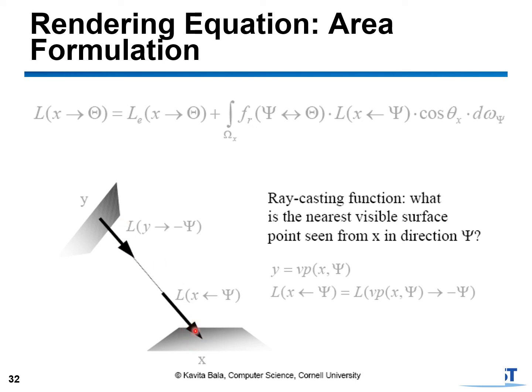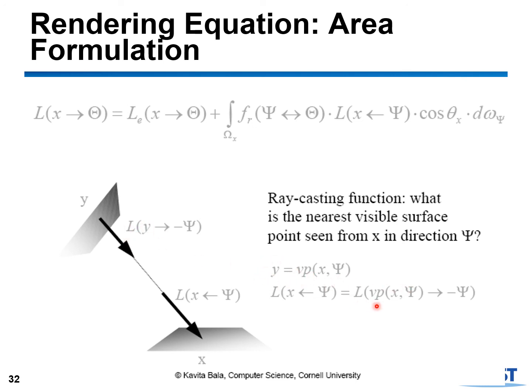In that case we can also consider the position y, which is a visible point, a point seen from x in the direction of psi. Then we can reformulate this incoming radiance value to x in the direction of psi like this. We can consider the radiance that starts from the visible point y, which we define in that form.